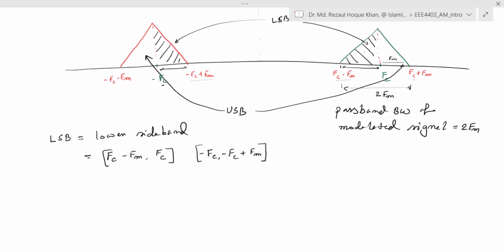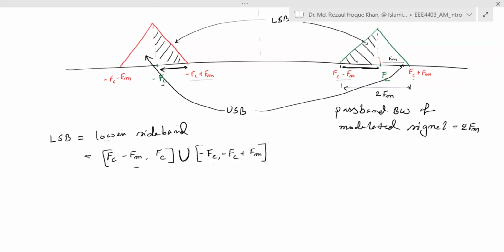So combined, the lower sideband is this part and this part. So here we make it a union, okay, for expression.